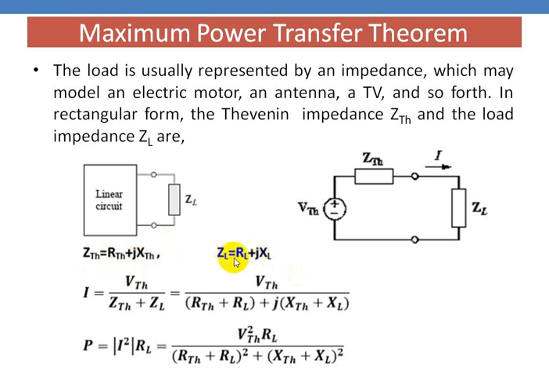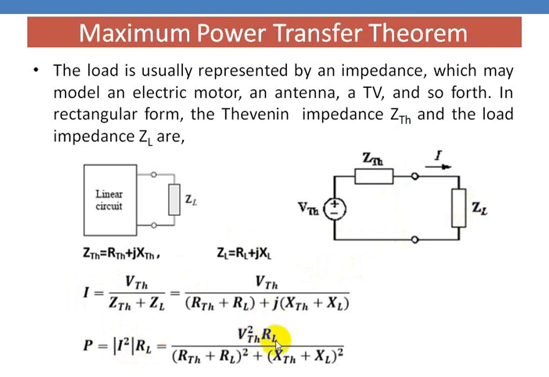Similarly, the load impedance I am writing as RL plus jXL. Now you can find the current: I will be VTH divided by the total impedance of the circuit, ZTH plus ZL. Now you can write the equation for power. Power is the magnitude of I squared multiplied by the resistance RL.